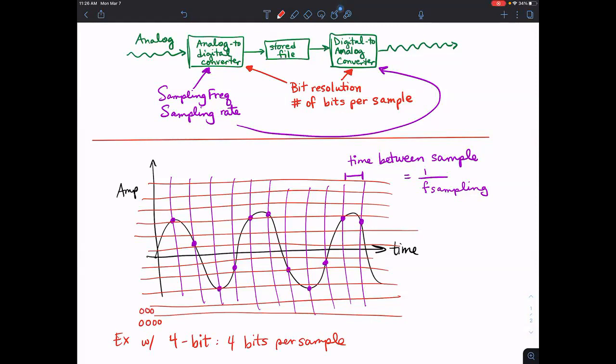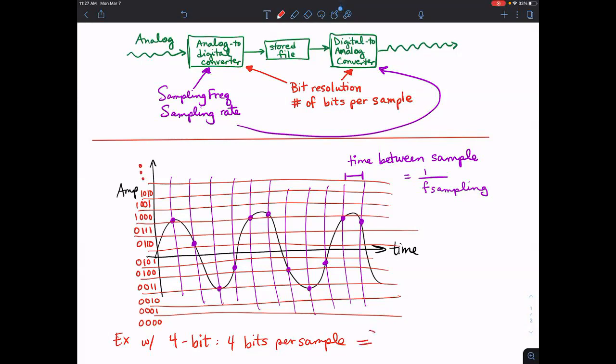In between would have 0001, and between those two would have the next, and so forth. And then you just keep counting in this binary way of counting, which is a little different than what maybe we're used to.